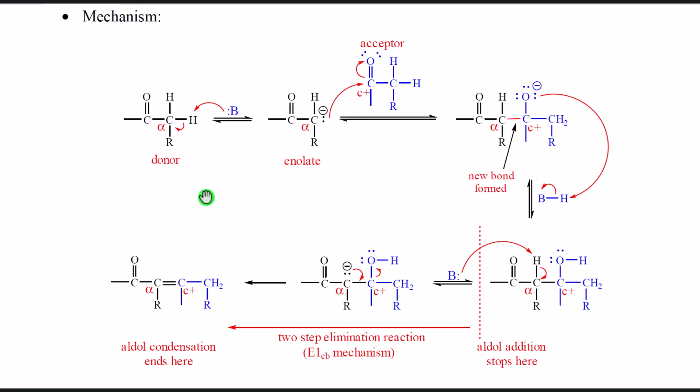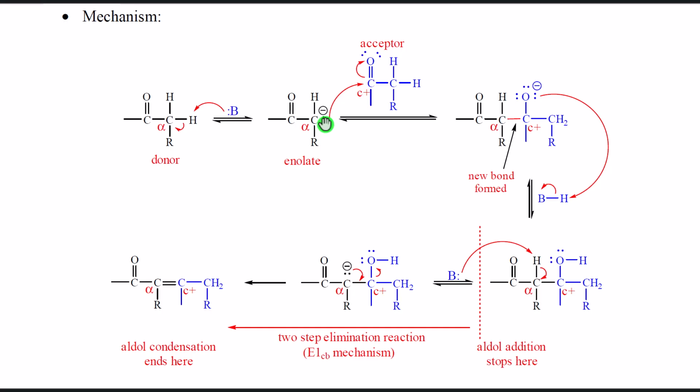The mechanism starts with the donor aldehyde or ketone. We get an acid-base reaction using a base, removing a hydrogen from the alpha carbon of the donor, and forming an enolate. The enolate in this form, if we look at it, has a carbon minus on the alpha carbon with a lone pair.